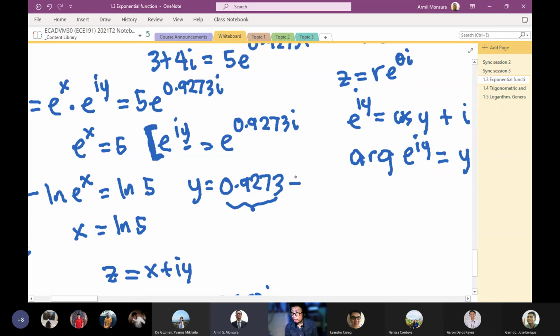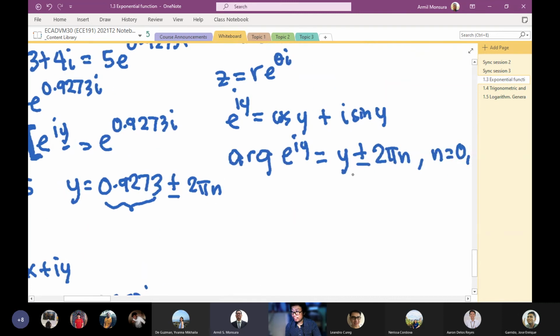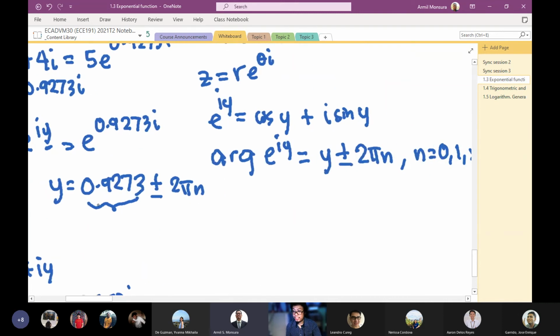Kailangan dagdagan natin to ng term na 2 pi n. Kagaya nito. Ito yung y nyo, so this is the principal value, plus or minus 2 pi n for n equals 0, 1, 2, and so on. Is that clear?